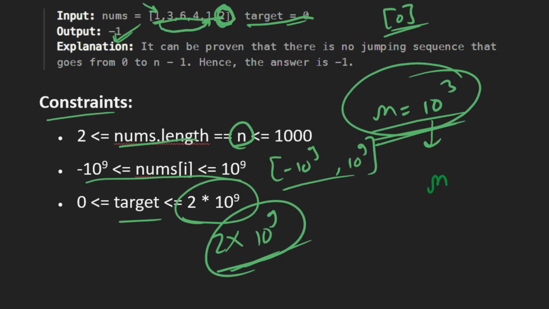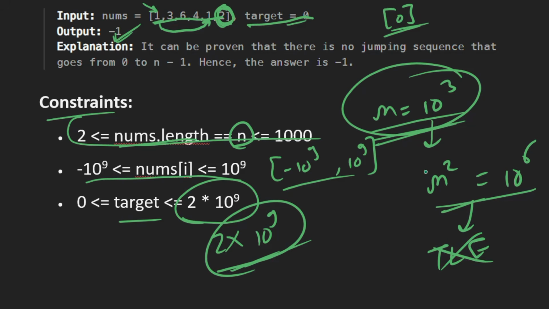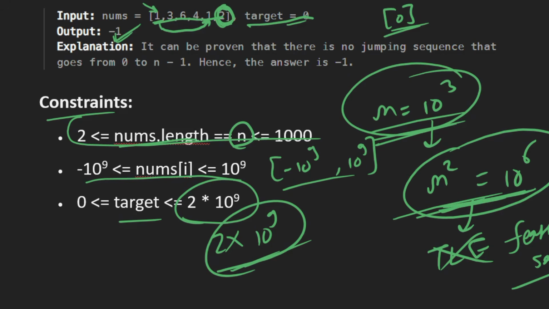That means n square will be 10 to the power 6. So due to these constraints, n square won't give us TLE, it will be a feasible solution to us, right? So we can think of some solution of n square, right?